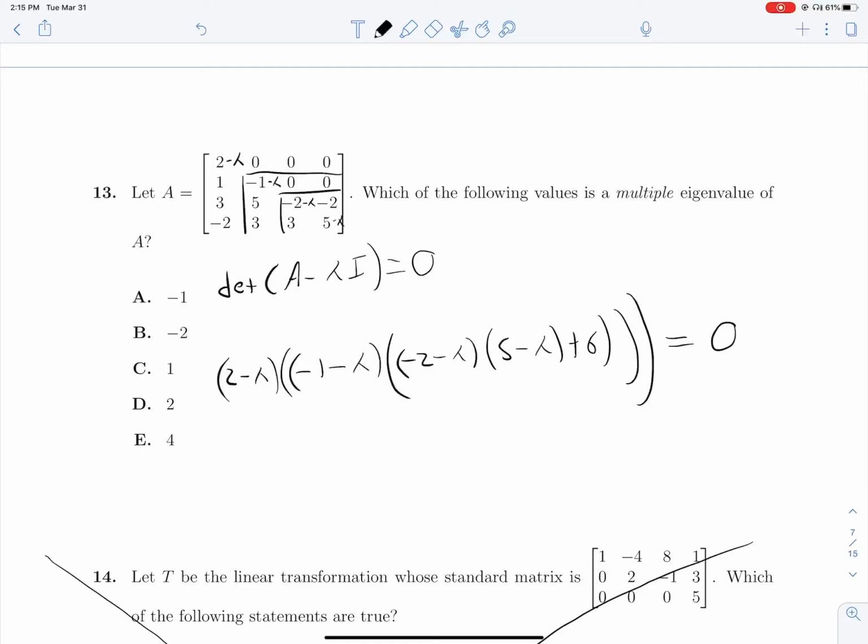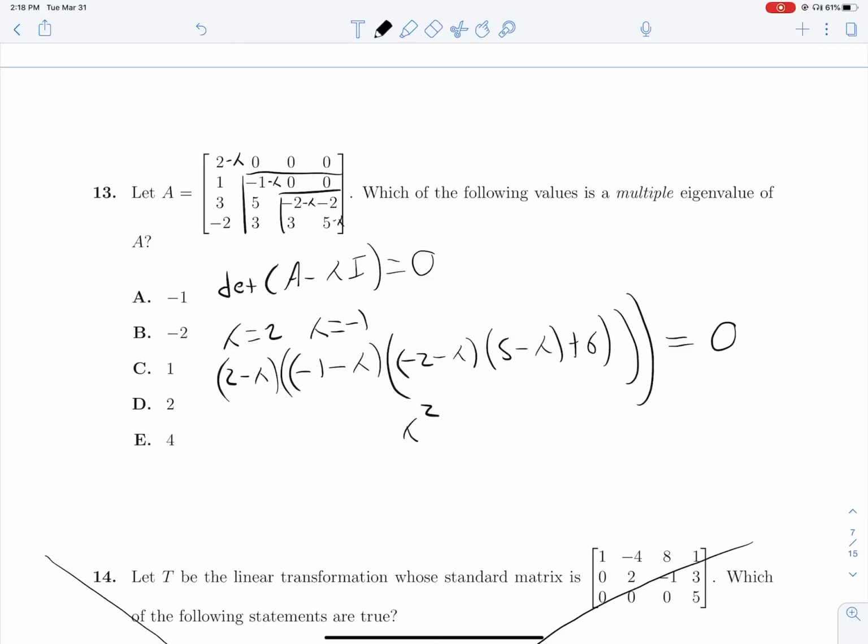So solving this whole thing, you would think that we would need to expand everything out and refactor it, but we actually don't. We can skip that step. We can just see that this is equal to 0 when lambda is equal to 2, and here when lambda is equal to -1. Now we have to be careful, because for this last half, we're going to have to expand it and refactor. It's actually a lot easier than you'd expect.